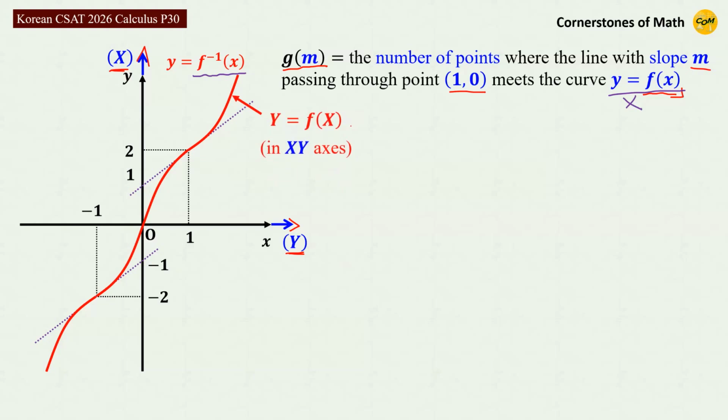Then the already drawn graph of the inverse can be considered as the graph of y equals f of x from the perspective of the newly introduced coordinate axis. And let us think about g of m in this setting. Point (1, 0) from the original function's perspective, that is the capital letter axis, is point (0, 1) in the inverse function's coordinate system, that is the lowercase letter axis.